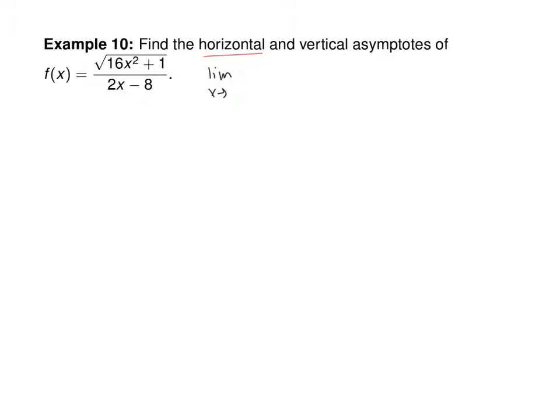Think horizontal is what happens out to the sides. So the limit as x goes to infinity, and the limit as x goes to negative infinity. We've been doing limits like that. You're going to get y equals 2 and y equals -2 in those cases. So if you use that function and work it out, you're going to get +2 for one, -2 for the other.